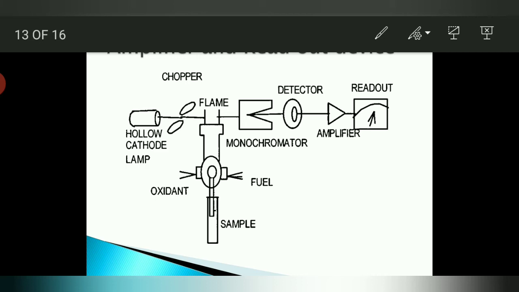This technique is very useful for finding alkali and alkaline earth elements, or elements which are not easily determined by the wet method. The main difference between atomic absorption spectroscopy and flame emission spectroscopy is that in atomic absorption spectroscopy we consider the unexcited atom, while in flame emission spectroscopy we consider the excited state of atoms.